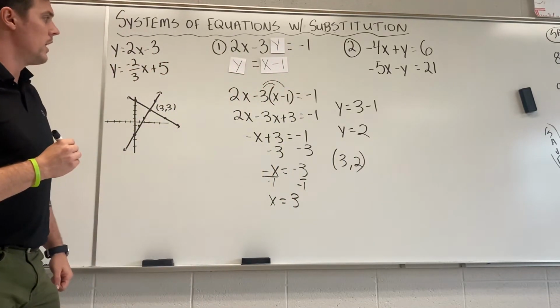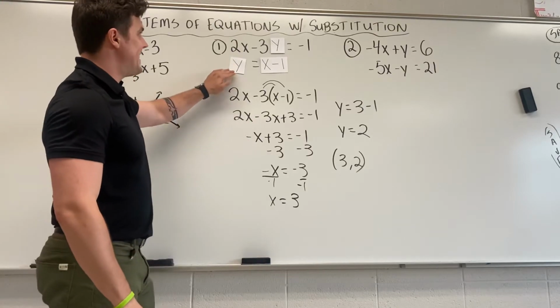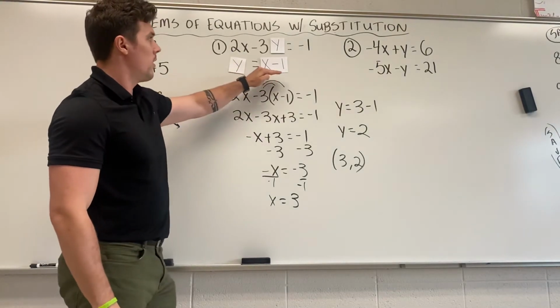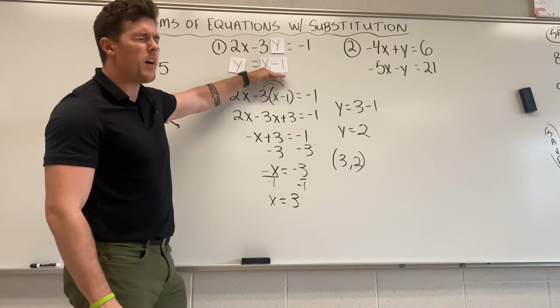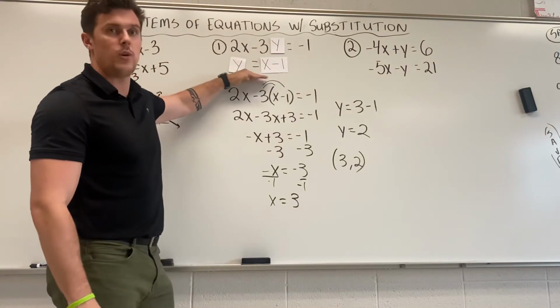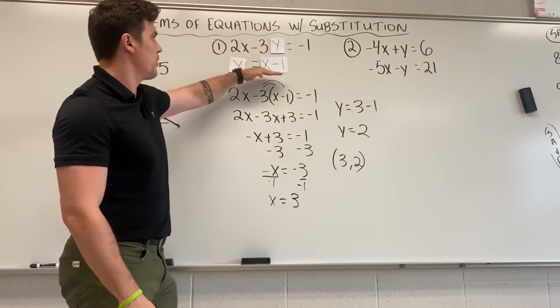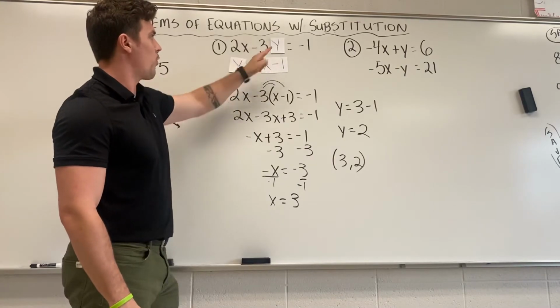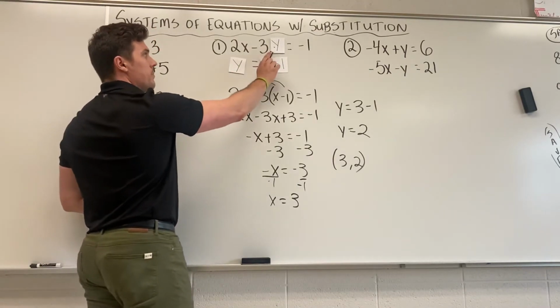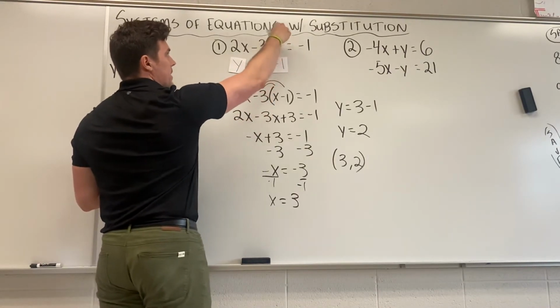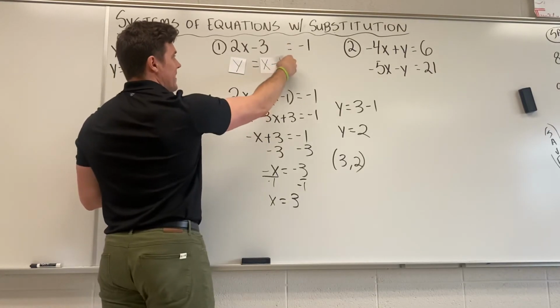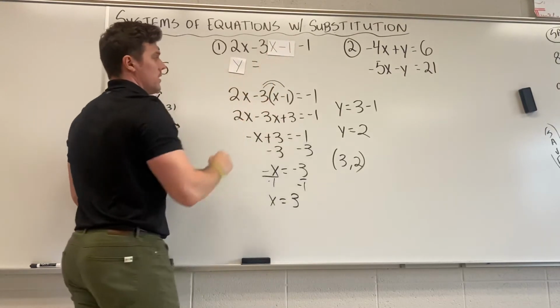Beautiful. So again, quick recap here. The idea comes in where y equals x minus 1. It must be equal to a variable, okay? If it's equal to a variable, I can substitute in for that variable. In this case, that variable is y. So I took y out of my equation, and I put in x minus 1, right?